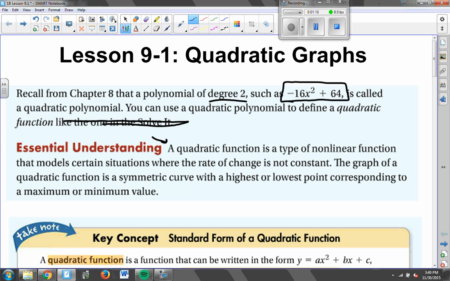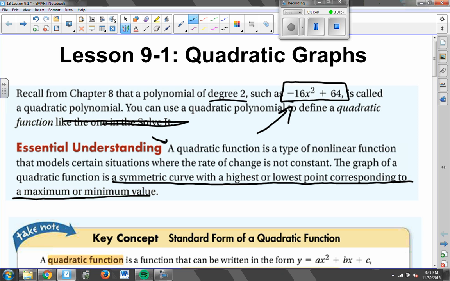Okay? A quadratic function looks a lot like one of those, negative 16x squared plus 64, but it is a function, so there's a y equals involved there. A y equals, or an f of x equals, which you'll see in just a moment. The graph of a quadratic function is a symmetric curve with a highest or lowest point corresponding to a maximum or minimum value.